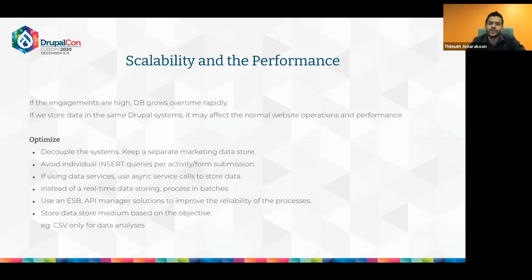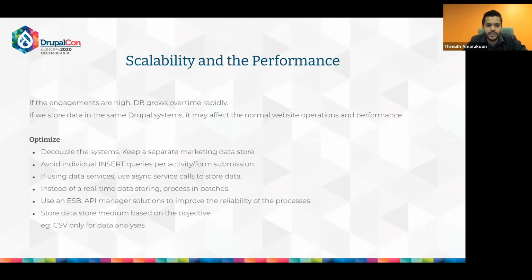So in that case, if you are going to store all this information in your local data store, over time you will end up with a big data store. And if you have that in the same DB as your core Drupal system, that might affect your website operations and performance. So you might need to think about the scalability and the performance if you are taking this approach.